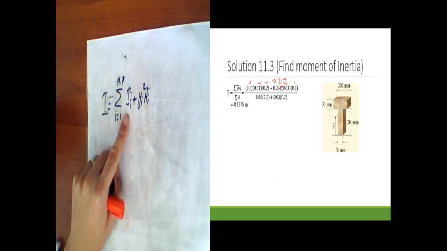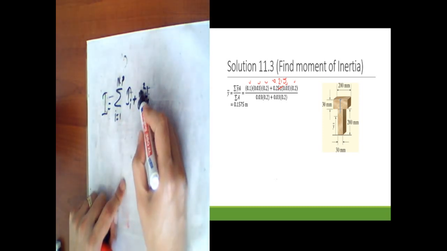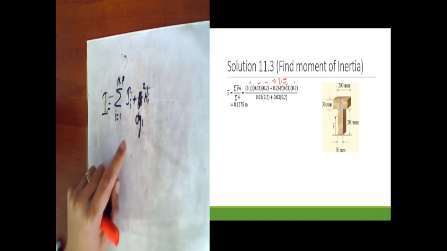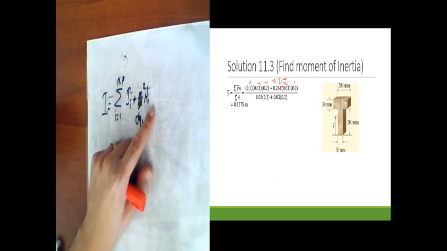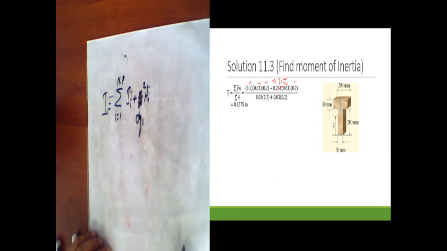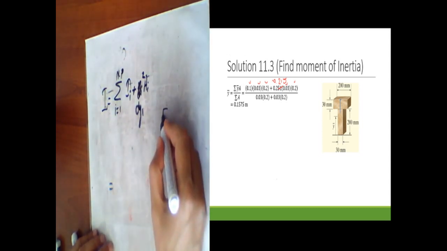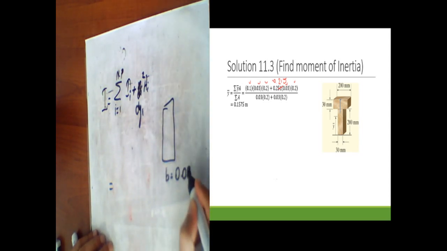I_i is the moment of inertia with respect to the centroid of each part. d_i is the distance between the centroid of the part and the centroid of the system, and A_i is the area of each part.